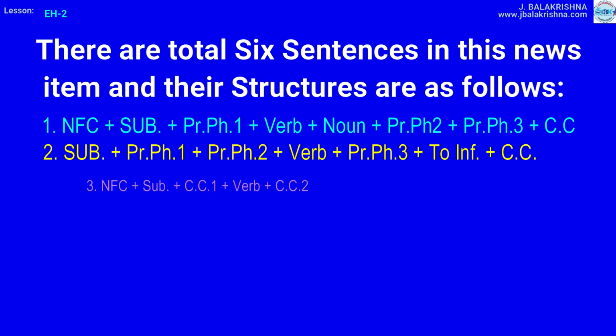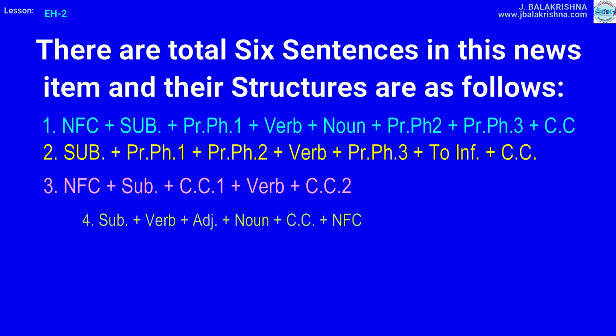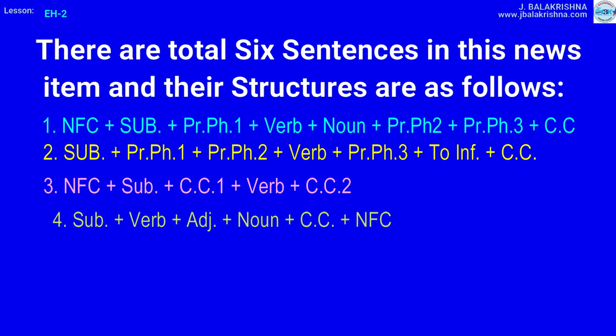Sentence 3. It begins with speaking, ends with incident. The structure is like this: non-finite clause plus subject plus conjunction clause 1 plus verb plus conjunction clause 2. Now fourth sentence: subject plus verb plus adjective plus noun plus conjunction clause 1 plus non-finite clause.